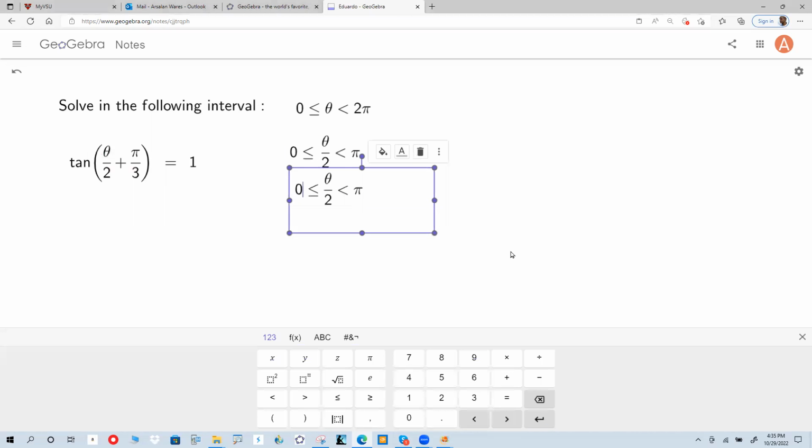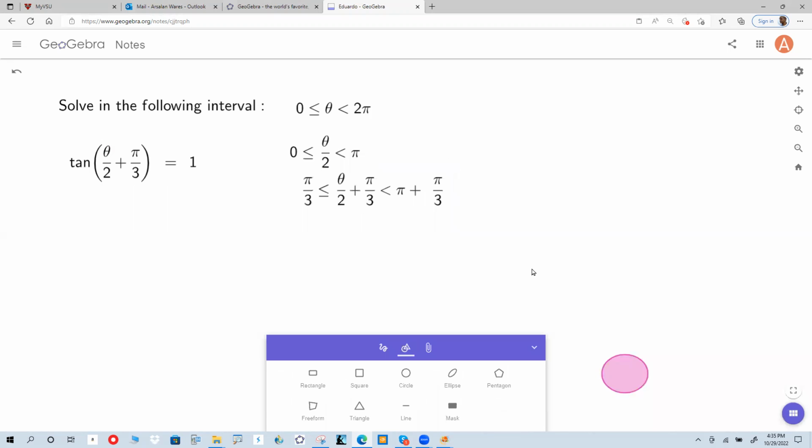Adding pi over 3 to 0 is simply pi over 3. Adding pi over 3 here is pi over 3. And adding pi over 3 here, well, if you do your fractions right, instead of pi, you can do 3 pi over 3 and do the addition correctly.